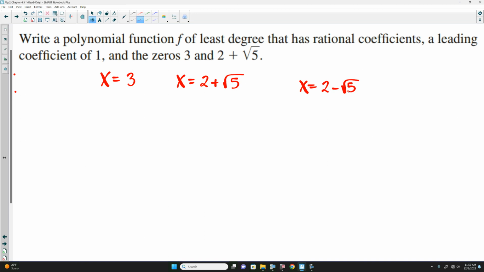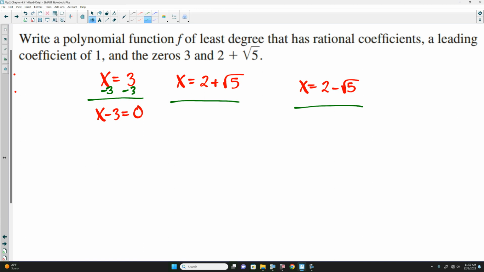Now, according to the irrational root theorem, since 2 plus the square root of 5 is a solution, 2 minus the square root of 5 is a solution. If we have one, we have to have the other. First step in doing this here is to get all 3 of these here equal to 0. So for this first one here, we're going to subtract 3 from both sides.